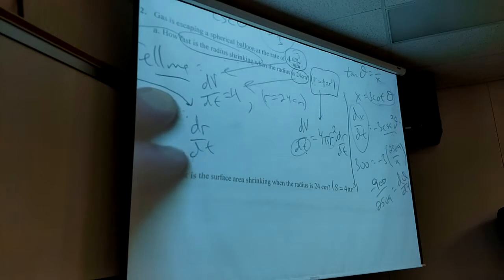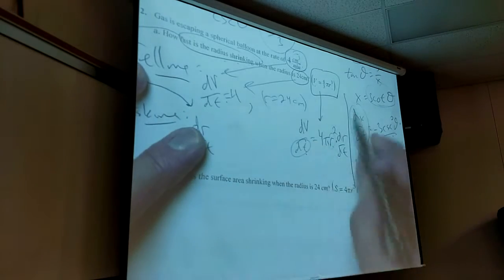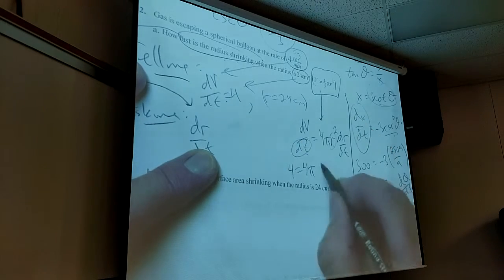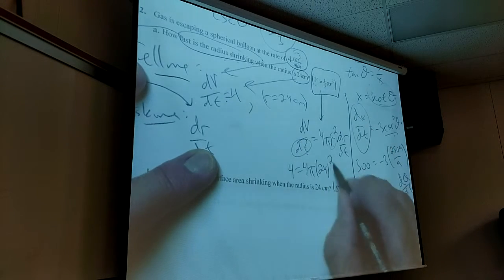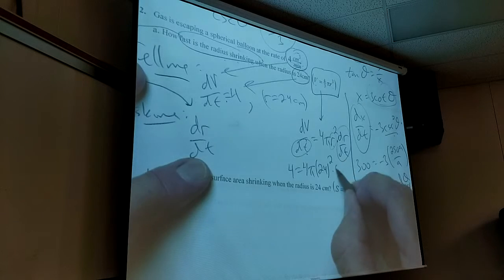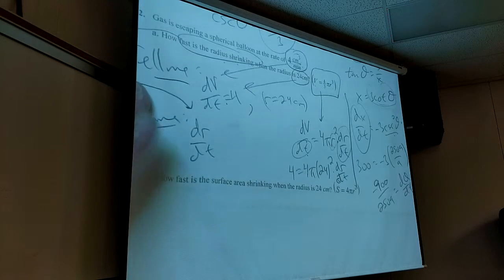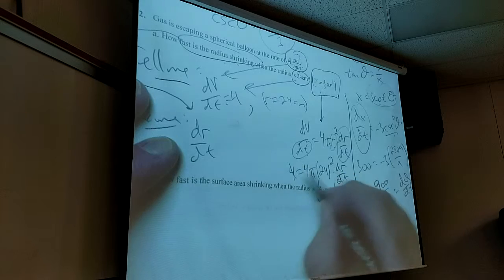And now I've got everything represented, right? I've got what they tell me in there. And then the r is 24, so I can put a 24 right there. And then this is what they're asking me for. And then that's just algebra from there. So the 4's die.